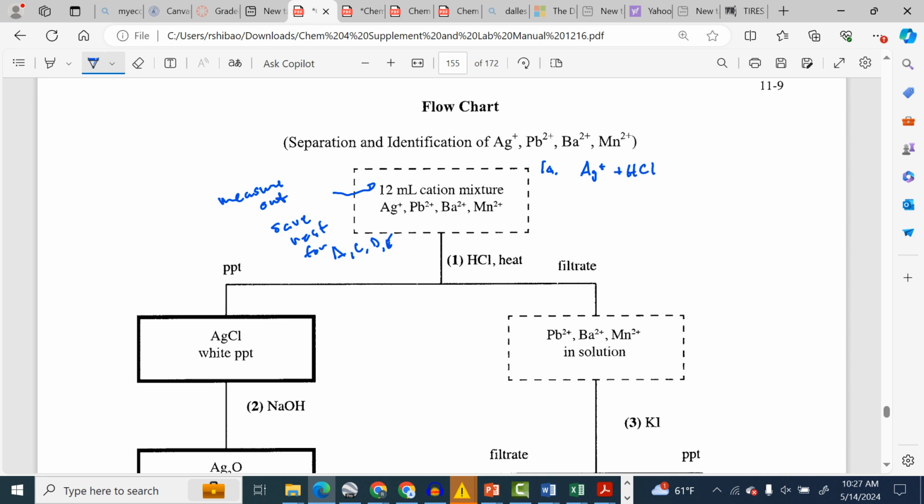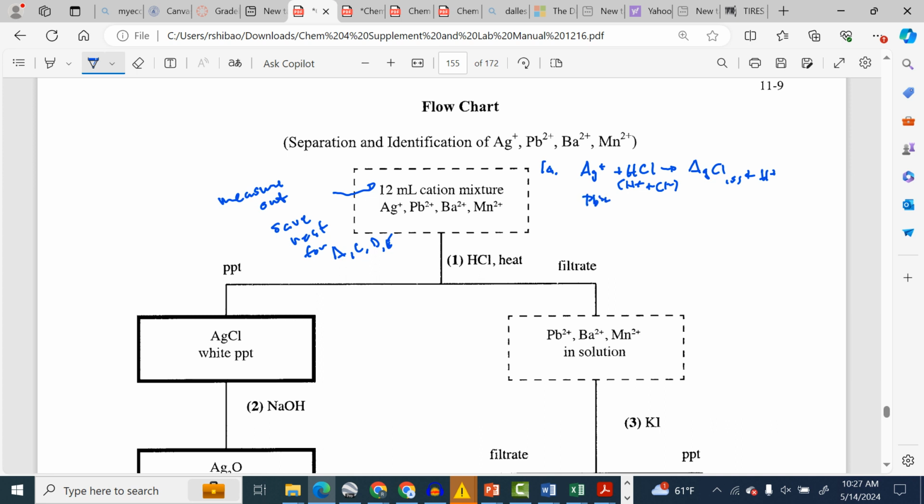HCl consists of H plus and Cl minus. It's a strong acid. H plus doesn't react in this case, just the Cl minus. So what we're going to get is AgCl plus H plus. AgCl is an insoluble chloride, and so we get a precipitate there.